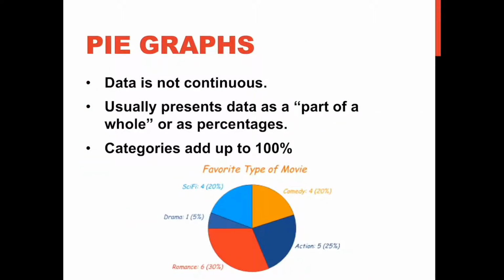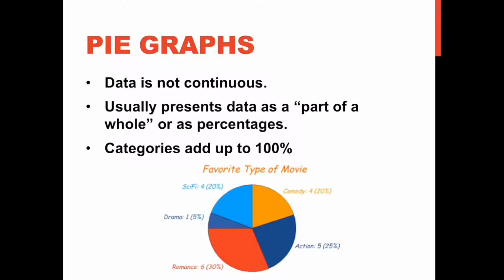And pie charts. Pie charts, the data is not continuous. Usually it presents data as parts of a whole or as percentages, like categories that add up to 100%. So in this case, the picture here is favorite types of movies. They went through and asked a bunch of people, turned it into a percentage.